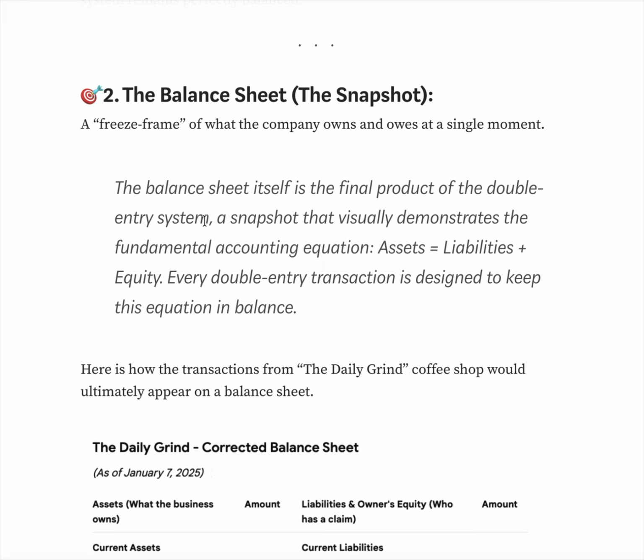The balance sheet is the final product of a double entry system, a snapshot that visually demonstrates the fundamental accounting equation that we learned before: assets equal liabilities plus equity. Every double entry transaction is designed to keep the equation in balance.